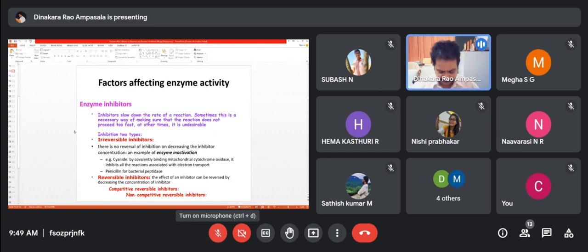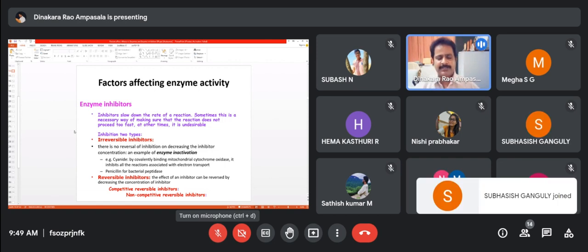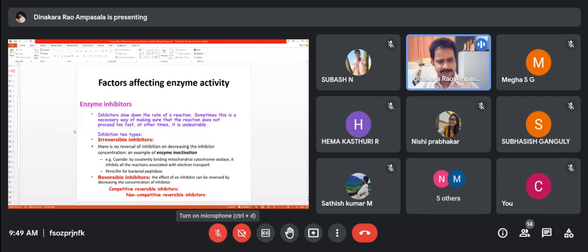Okay, last class we were discussing factors that affect enzyme activity. So we have seen substrate specificity, pH, temperature, enzyme concentration, and substrate concentration. Apart from the environment, other biological molecules present inside the cell also interact with the enzymes, and they may affect enzymatic activity.